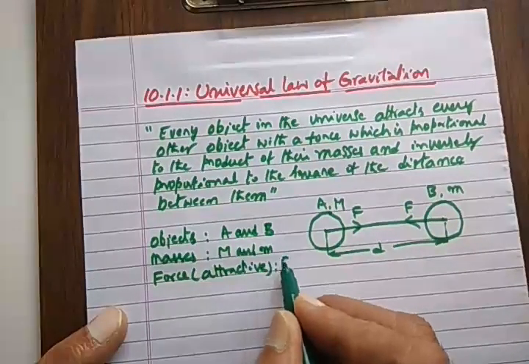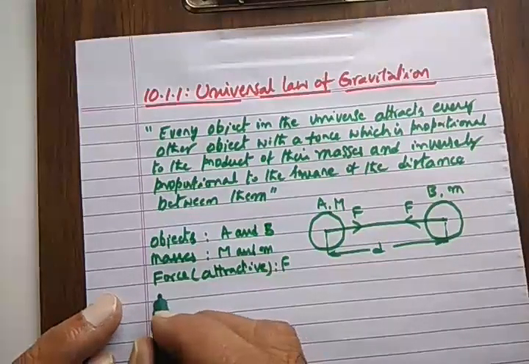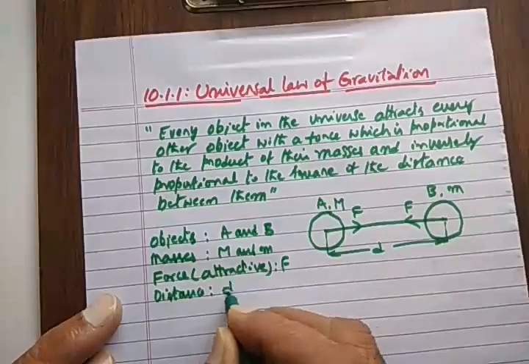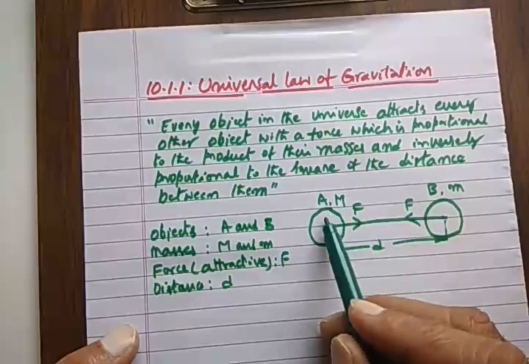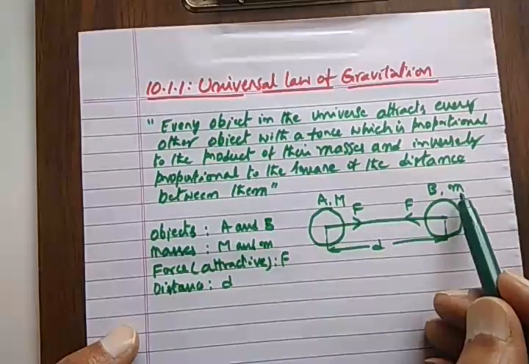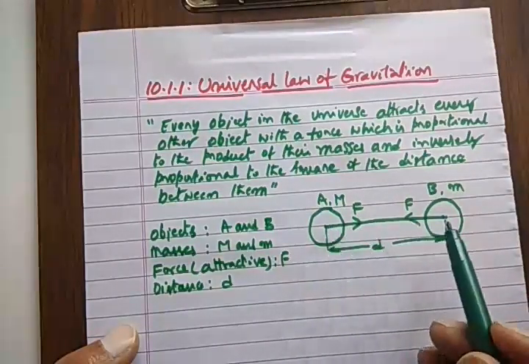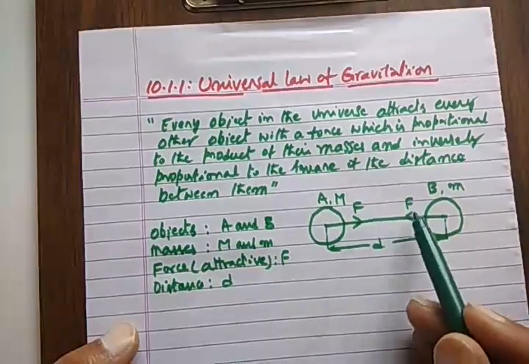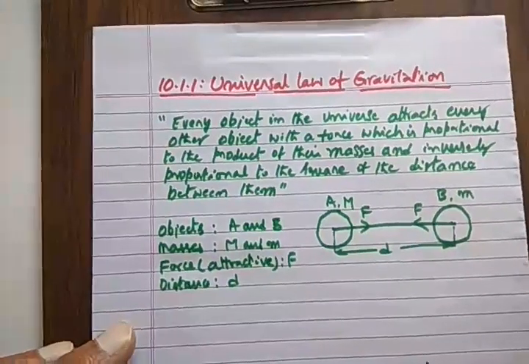That is, I'll call it as F. And distance between them, say D. So these are the parameters. See, object A, object B, and mass M, small mass m, and the force is attractive. This attracts this, that is this. This attracts this, same force, F and F. And the distance between these two is D.